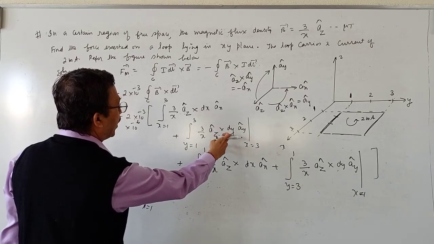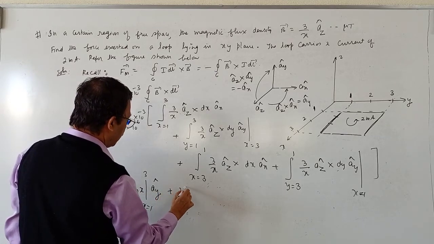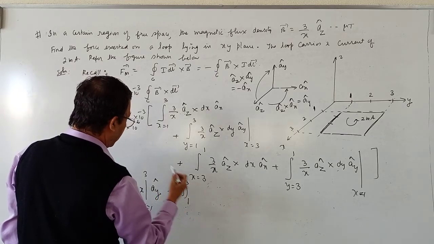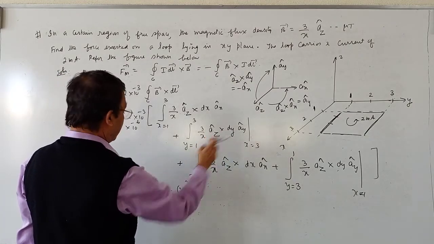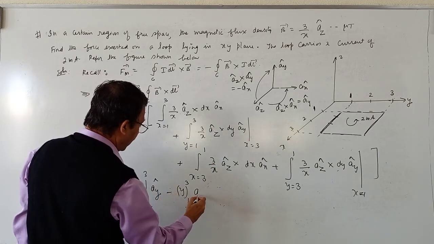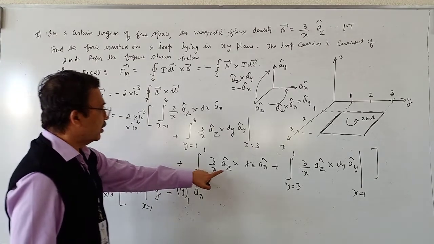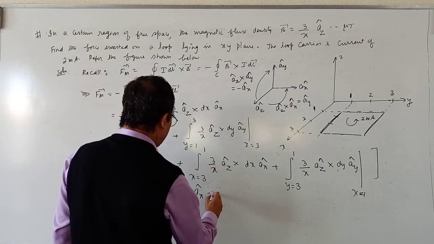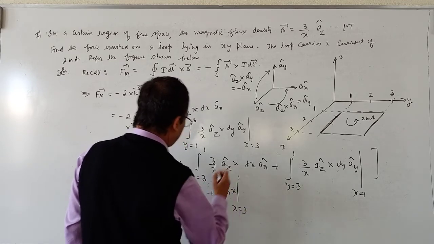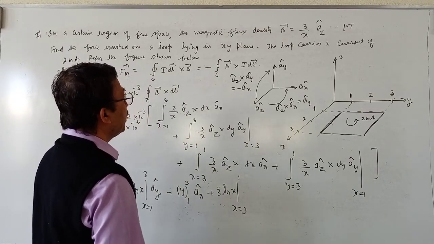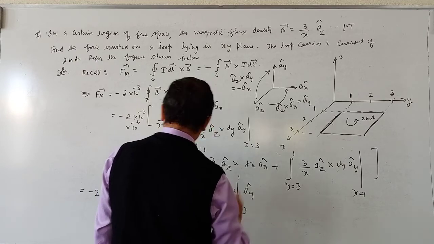If you integrate dy, you get y. Y takes values from 1 to 3. And what is the unit vector? Az cap cross Ay cap is minus Ax cap. Therefore, minus Ax cap. Now come to this one. If you integrate 3 by x, you get 3 times natural logarithm of x, where x takes values from 3 to 1, into Ay cap.